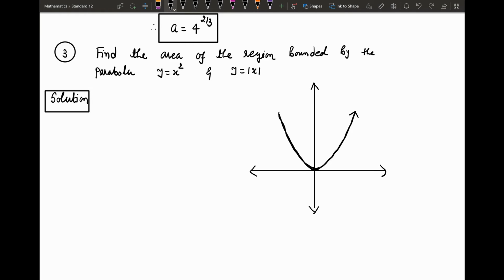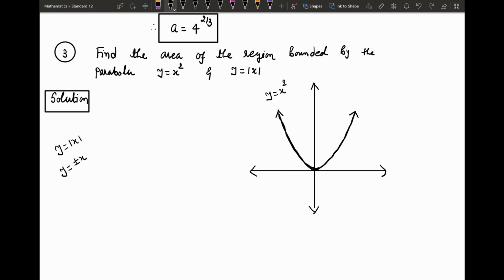So this is the parabola y equal to x square. Now y equal to modulus x. We know the graph of the modulus function, it is a union of two rays. When we remove this modulus, we have y equal to plus minus x.